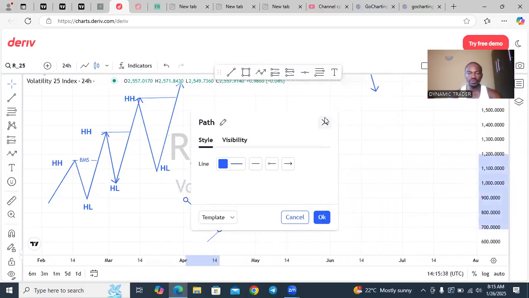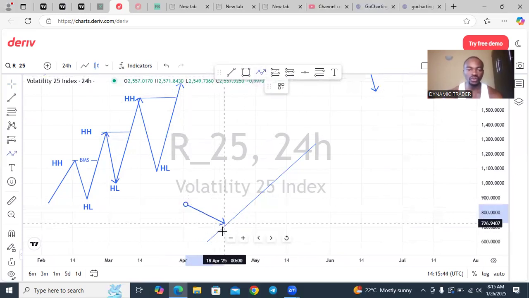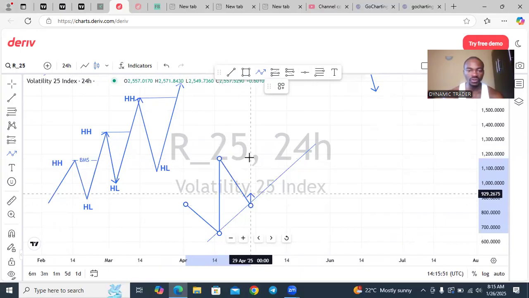What's happening to my mouse? You have to see the structure. First touch, second touch.